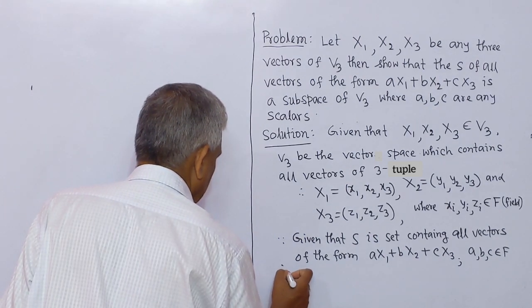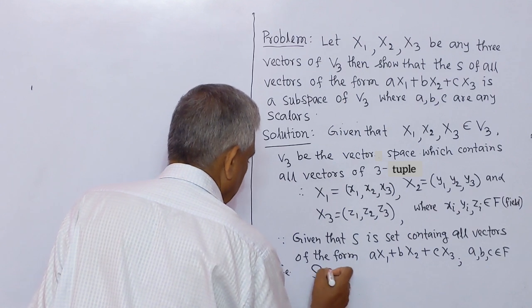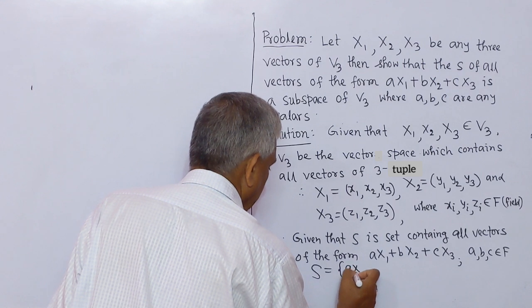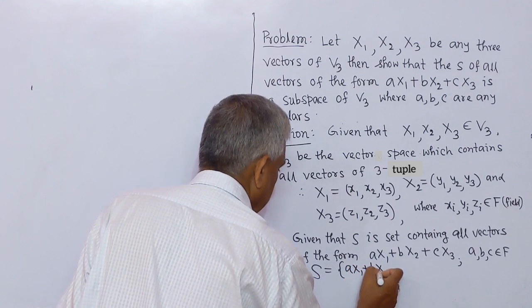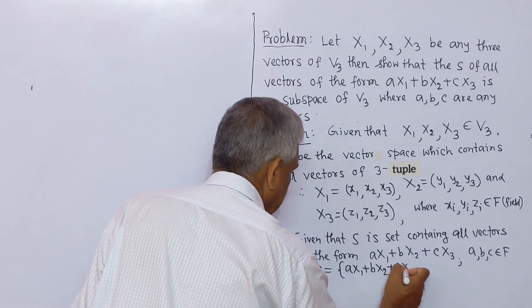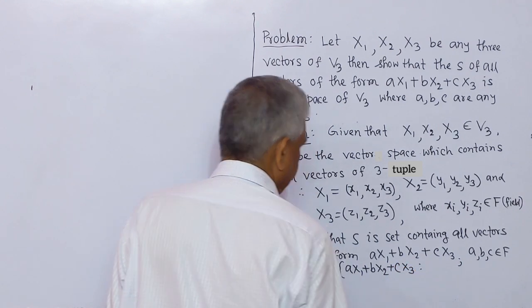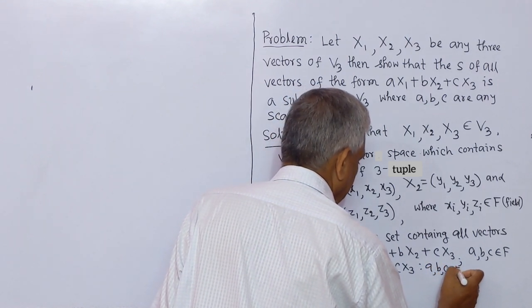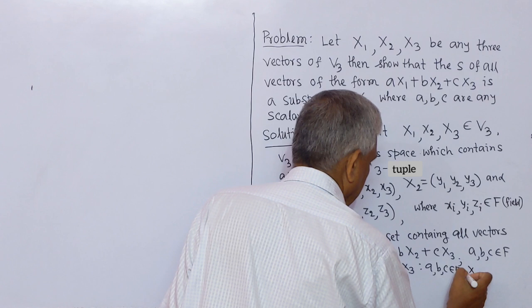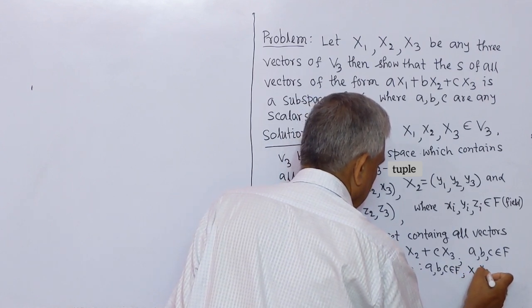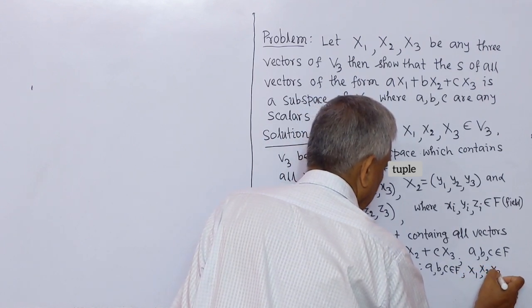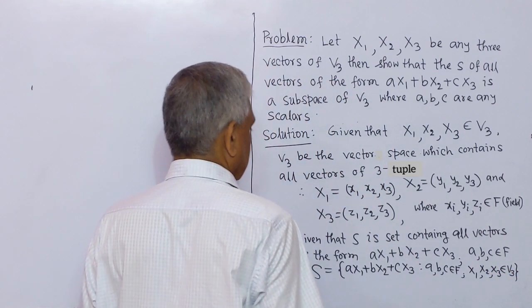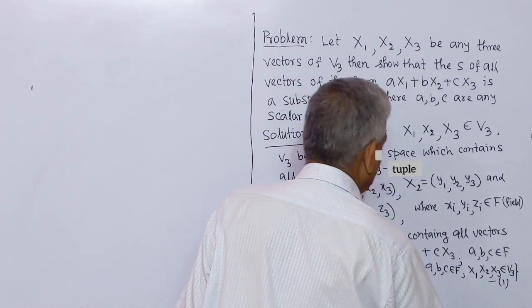That is, S is a set containing vectors of the form Ax1 plus Bx2 plus Cx3, A, B, C belong to F, x1, x2, x3 belong to V3. Let this be number 1.